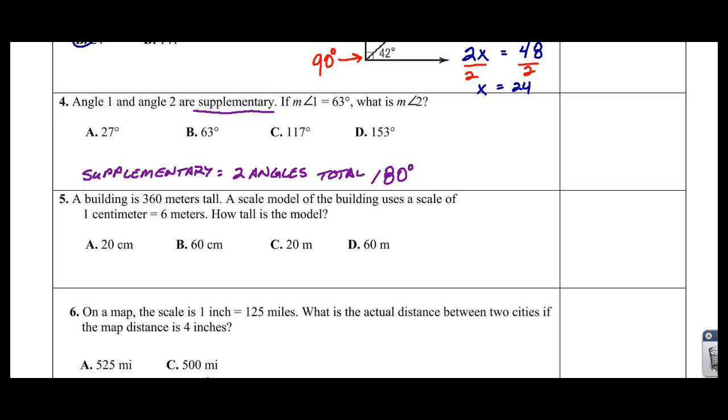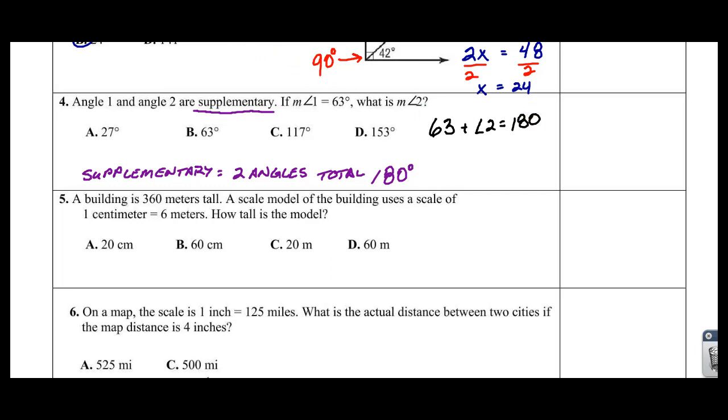So we know then that if you take 63 and you add angle 2, you're going to get 180 degrees.